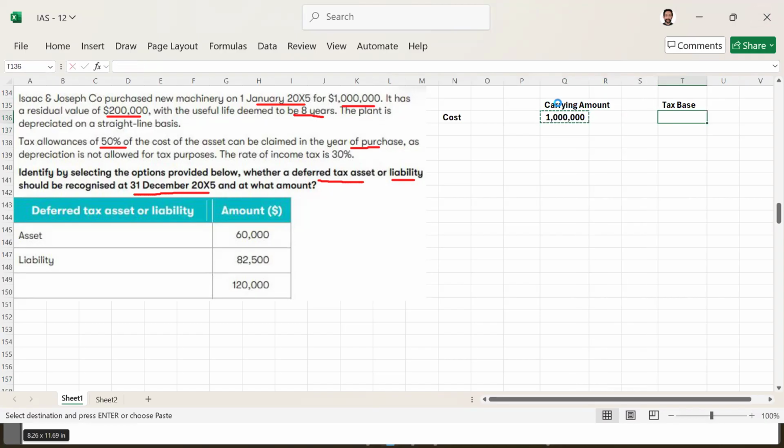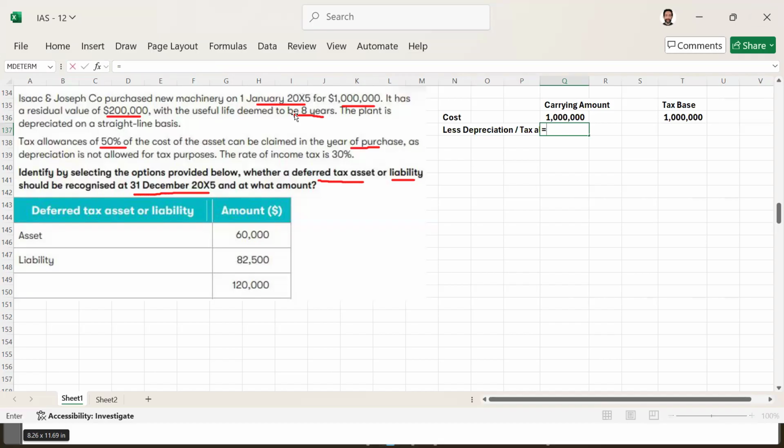So we copy this here, and then we have the less depreciation, or we can call it the tax allowance. So the depreciation is going to be 1 million, we take away the residual value 200,000, that leaves us with 800,000, and the useful life is also 8 years. So the depreciation is 100,000.